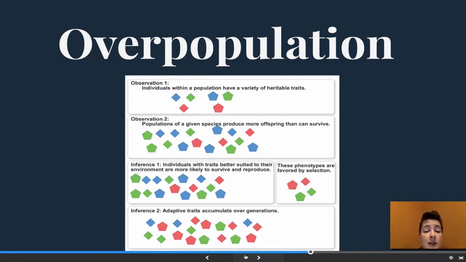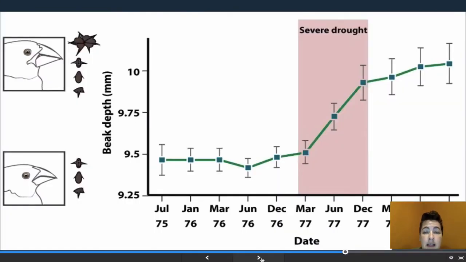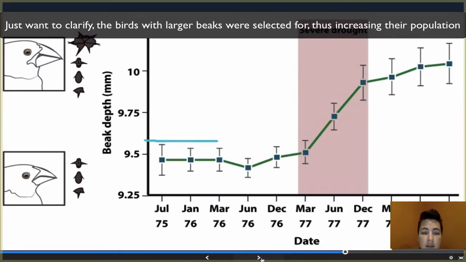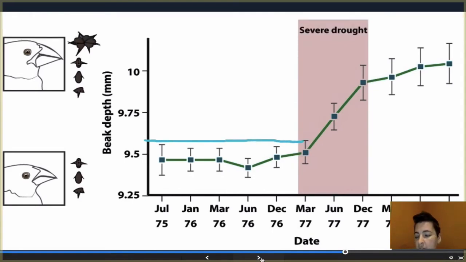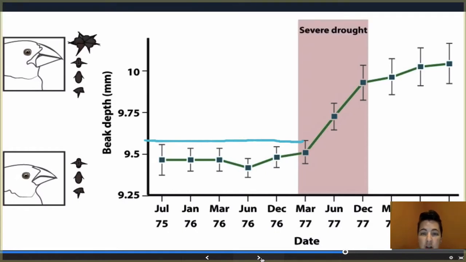If we take a look at Darwin's finches and natural selection, we can take a more modern day look at the beak size. If we look from 1975 to 1979, we can see at first that the beak size was fairly low, at just about 9.5. And then in 1977, there was a drought, causing the birds with the larger beaks to survive, because it was harder for those with smaller beaks to survive since they were not able to eat the food that was available during the drought.